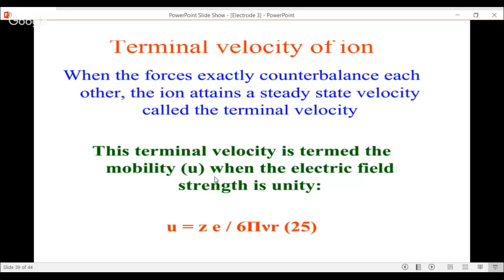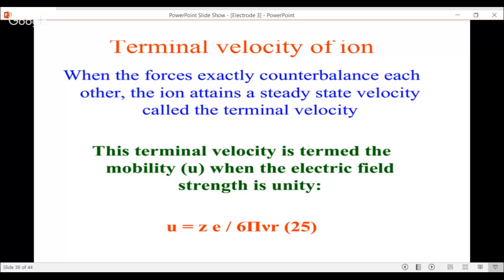The resistance, the inherent laziness for the ion to move in a direction, is compensated by the applied potential. So the terminal velocity is the difference of these two. The terminal velocity is termed the mobility when the electric field strength is unity.